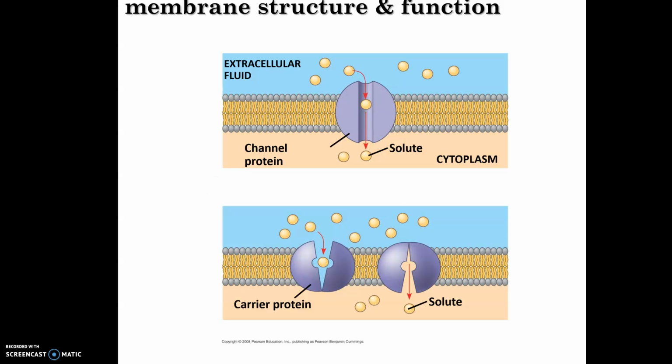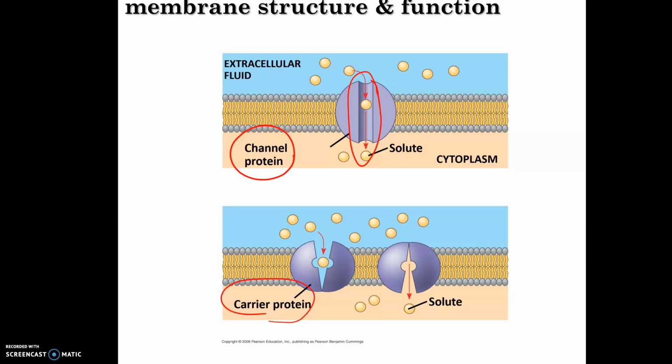Up at the top, we have a channel protein. Down here we have a carrier protein. What I want you to notice is that this is just a plain channel. There's no extra space in it. It's only going to allow one to go through at a time, in a row.